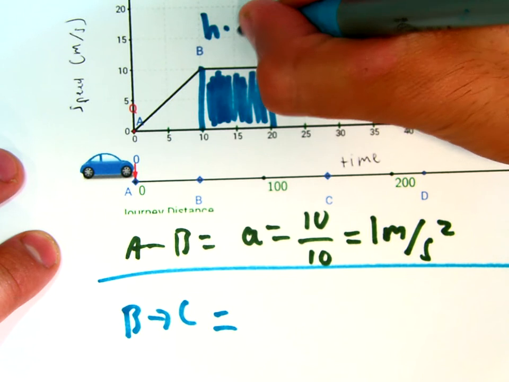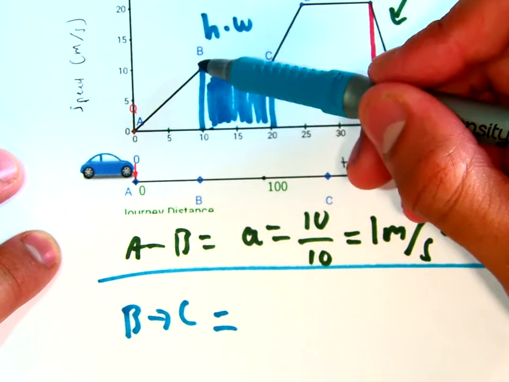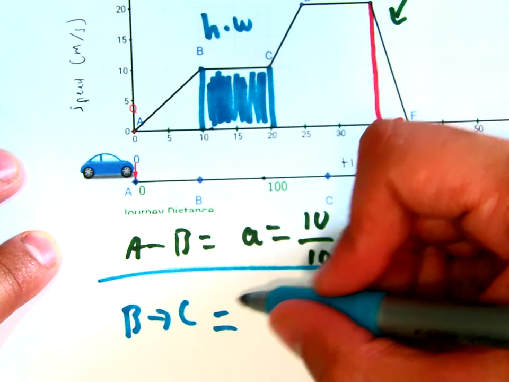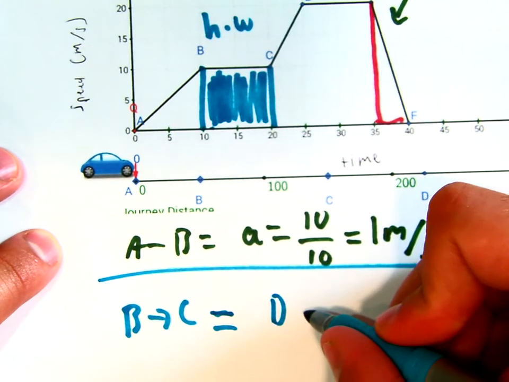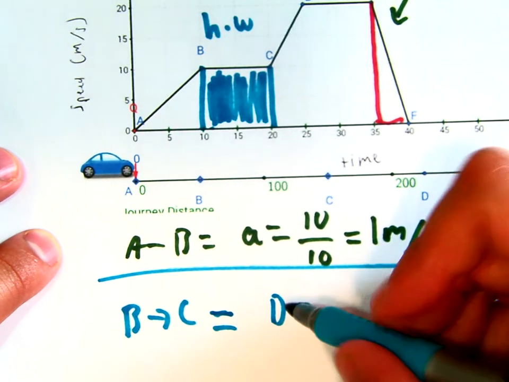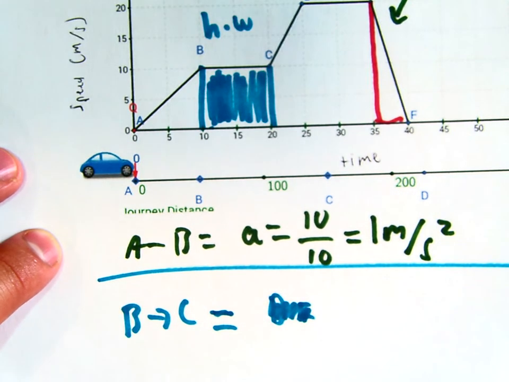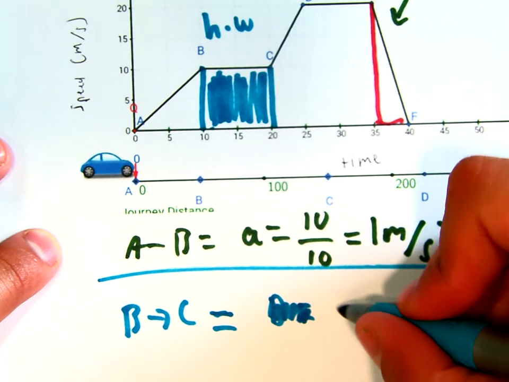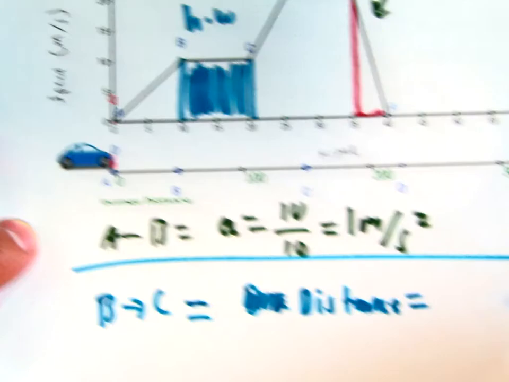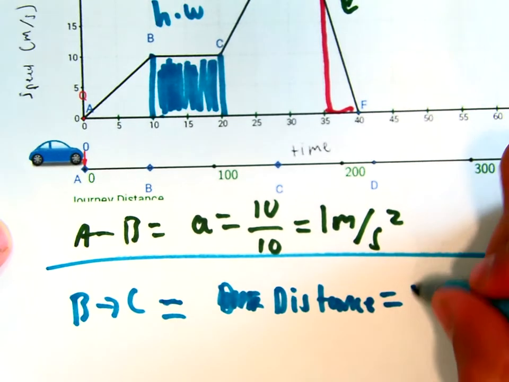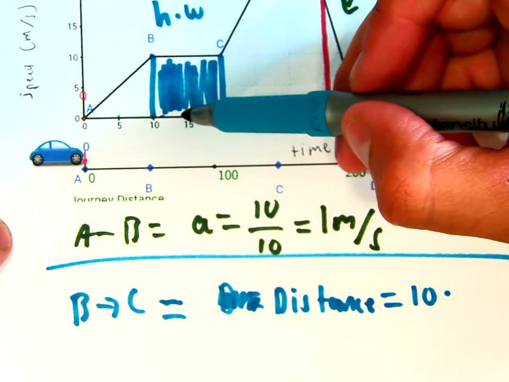height times width. Okay? Well, my height is 10. My distance from B to C would equal 10, which is my height, times, well, this is also 10, right?